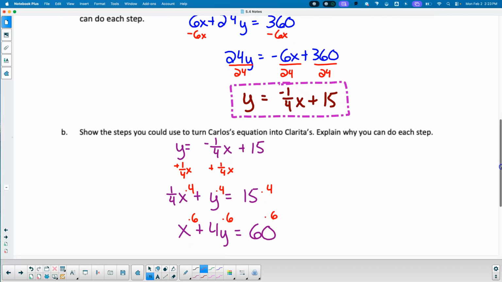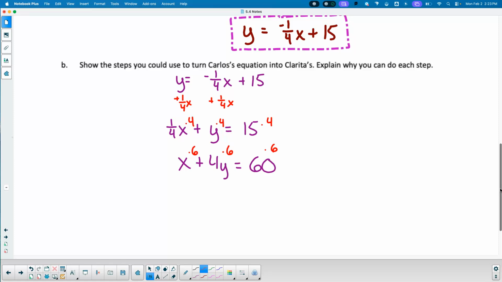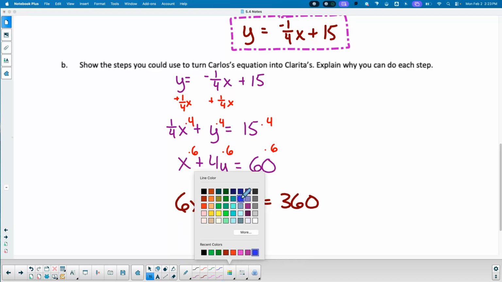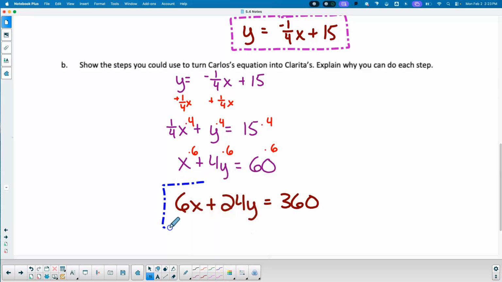So if I multiply that one by 6, now I get 6x plus 24y equals 360, which is Clarita's equation. Okay? Love it.